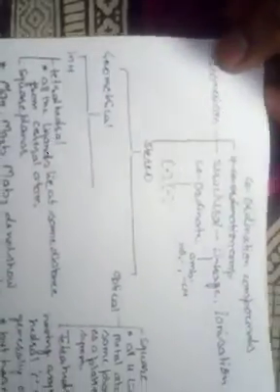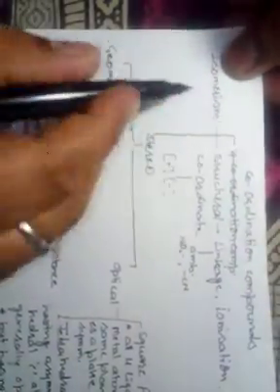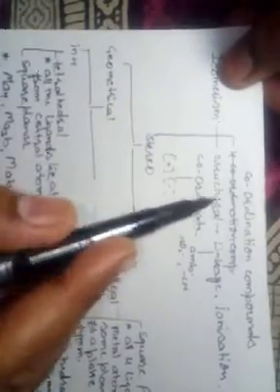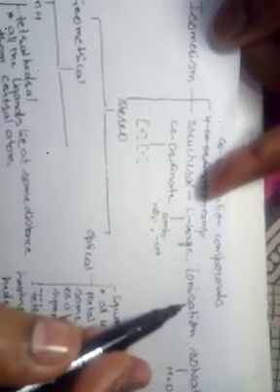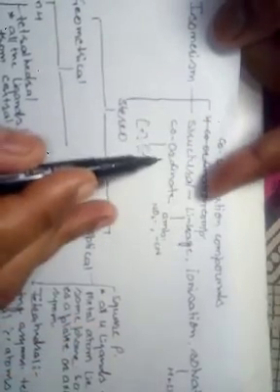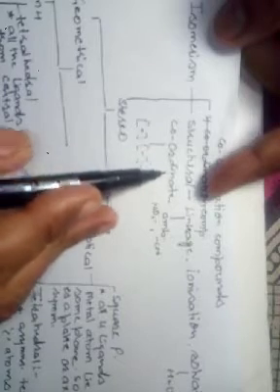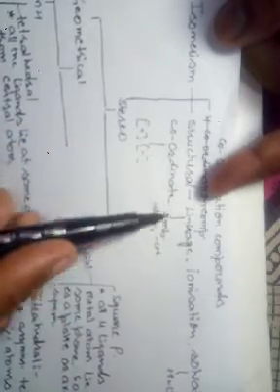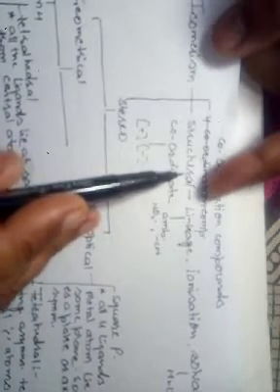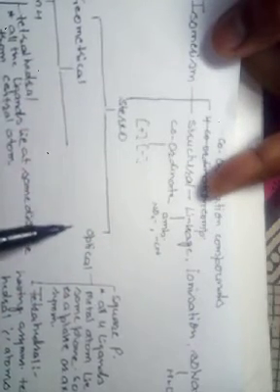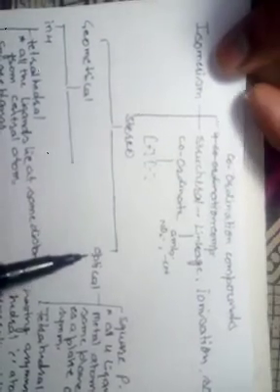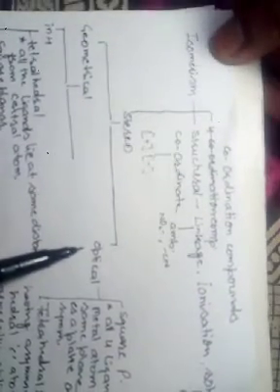In structural isomerism you have linkage, ionization, solvate, and coordinate or coordination isomerism. So these four types of structural isomerism you have, and in stereo you have two types: geometrical and optical.